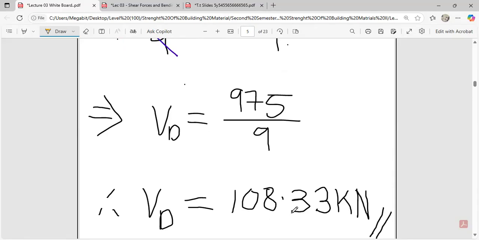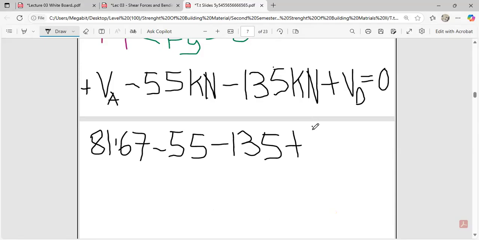It was 108.33. At the end of the day, if you punch all of this in, you're going to get 0. If you don't get 0, it means whatever you did is wrong. So that is it.